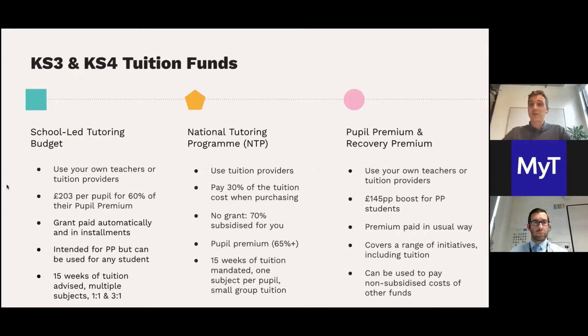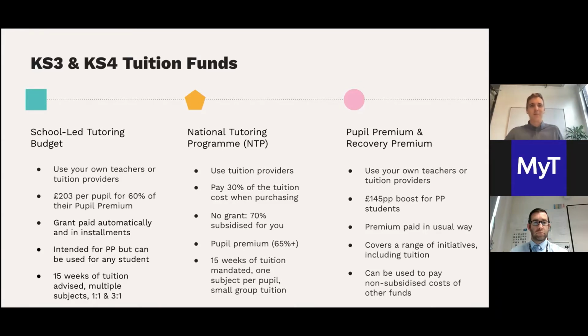So in terms of Key Stage 3 and 4, the tuition funds that are currently available sort of fit into these 3 brackets. So the first one is the Schools-Led Tutoring budget. Now, you may or may not have heard of this already. It's a new fund for this year, and it's due to last through for the next 3 years.